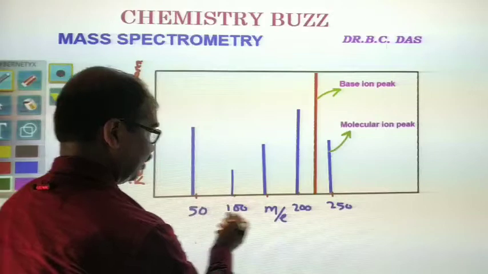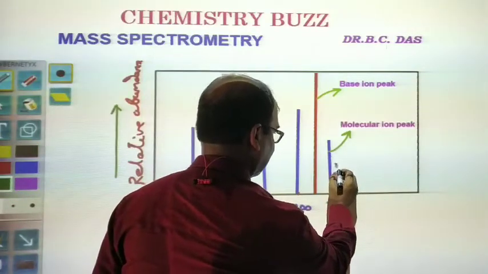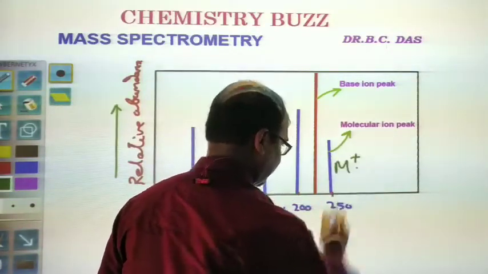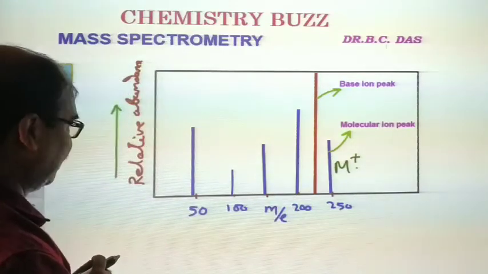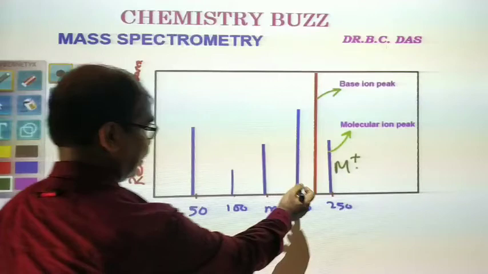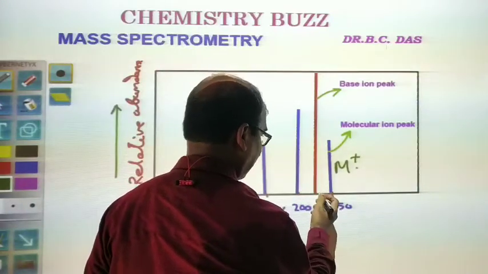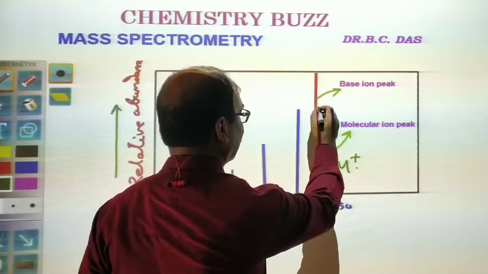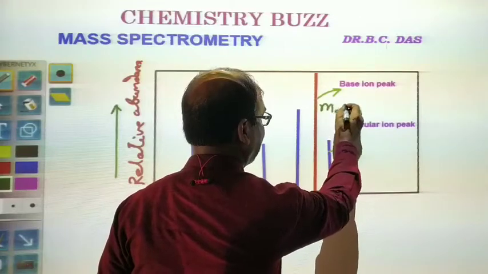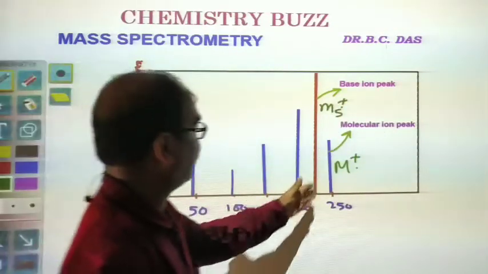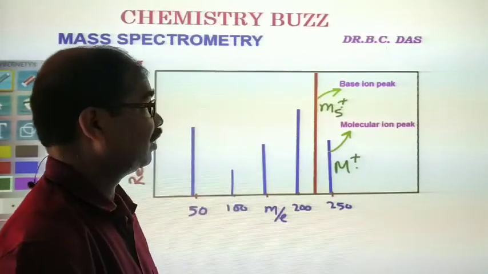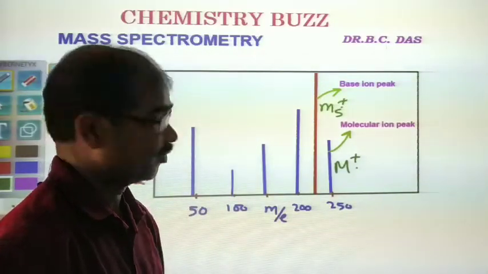So this is for M plus. We have taken the scale m by e on the x-axis, and the second one is M5 plus. This one is the highest peak, that is called the base ion peak.